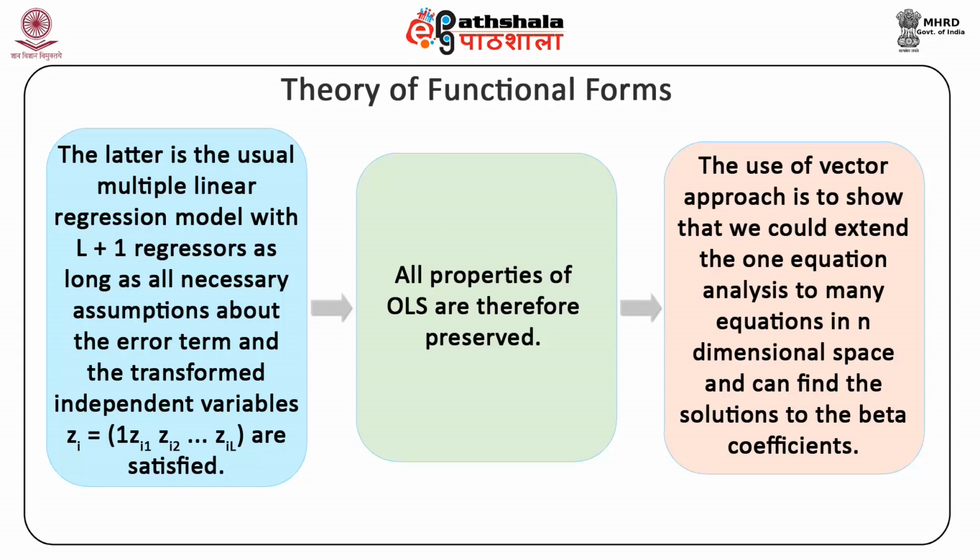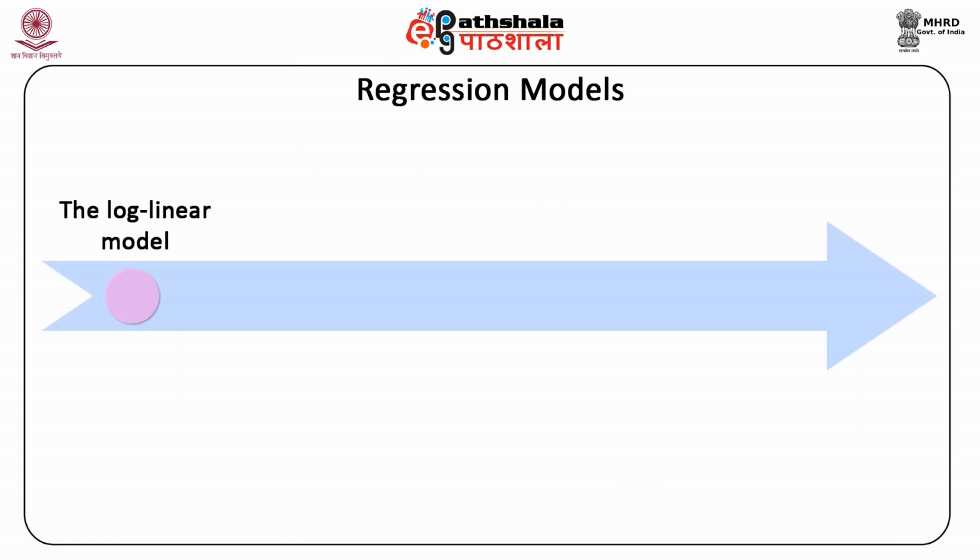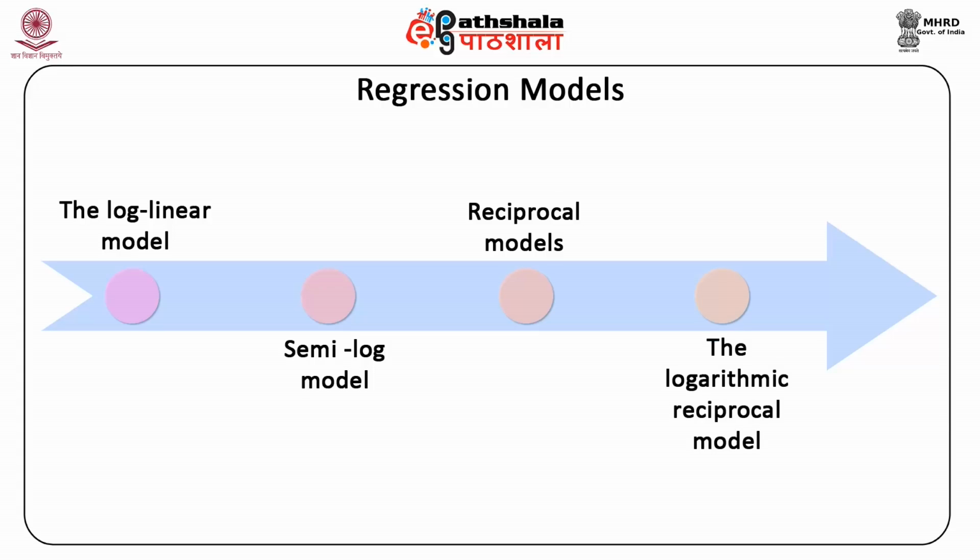In the sections that follow, we consider some commonly used regression models that may be nonlinear in the variables but are linear in the parameters, or that can be made so by suitable transformations of the variables. In particular, we discuss the following regression models: first, the log linear model, second, the semi-log models, third, the reciprocal models, and fourth, the logarithmic reciprocal model.